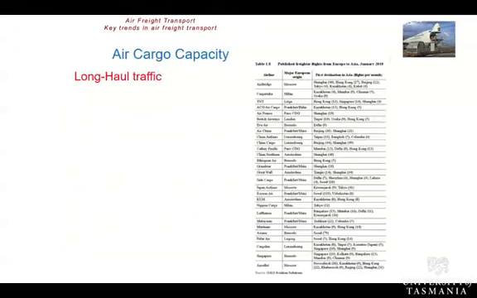The final slide I've got for you today is to give you a sense of the volume that you might find on a long-haul route. Not sure how that looks to you. I'm struggling myself, so I'll explain what that is. That's the passenger freighter flights from Europe to Asia in the month of January.